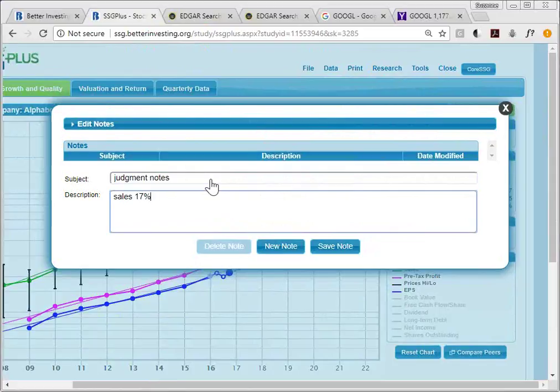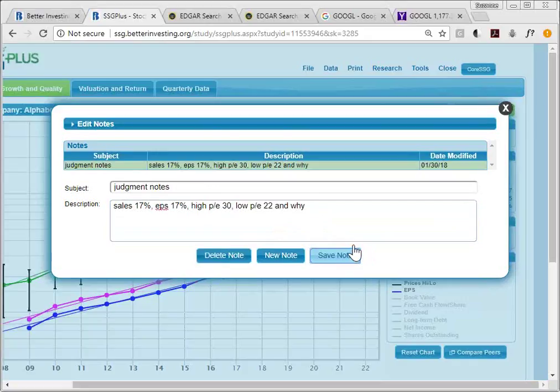Lots of times we don't remember why we picked something, so later on, when we go back and wonder why I did that, you can say why. You can also put analyst estimates in, sometimes I'll copy in what the analyst said, so I'll have that as a reference.